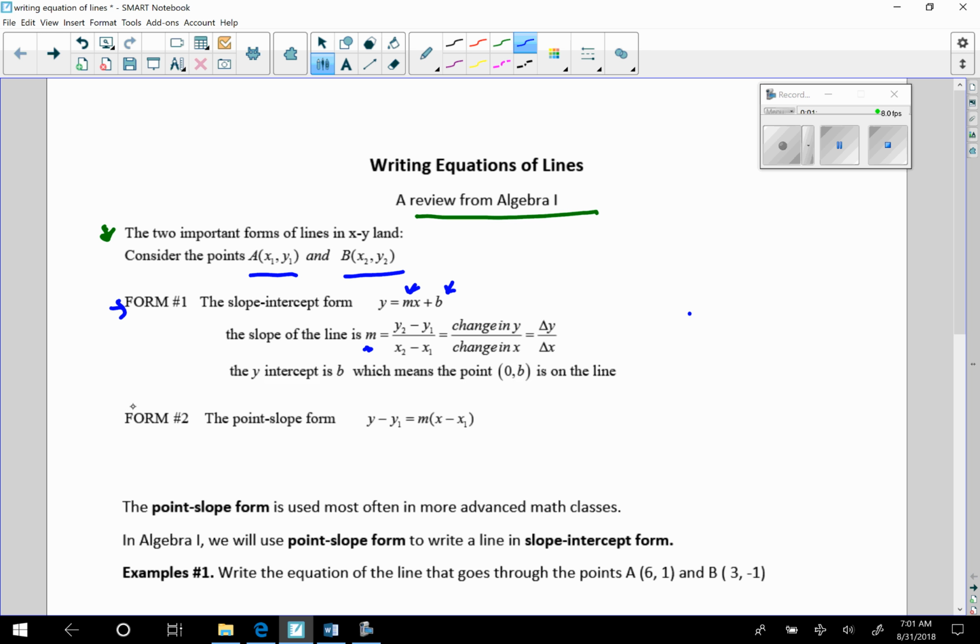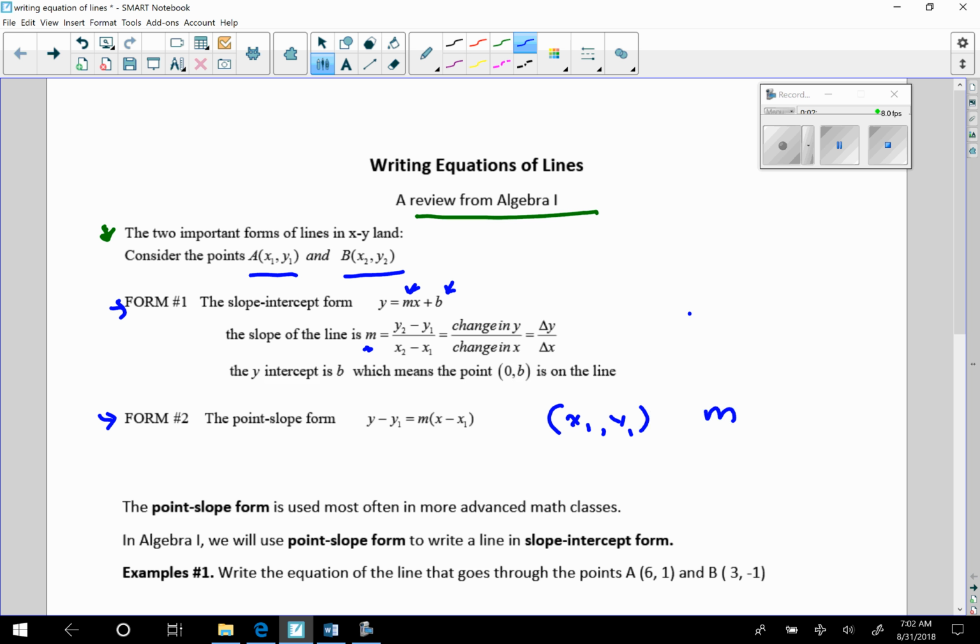Form number 2 that we most use is called the point-slope form. This is called the point-slope form because we are given a point and the slope in this form. So we're talking about x sub 1, y sub 1, and the slope.